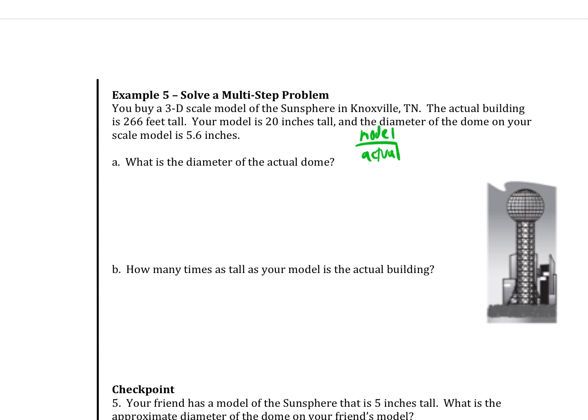What's the height of the model? The height of the model is 20 inches tall, right? So 20 inches is how tall the model is. How tall is the actual building? It is 266 feet. So we're going to do 266 feet equals, now we can talk about the diameter of the dome. Do we know the diameter of the model? Yeah, it's 5.6 inches.